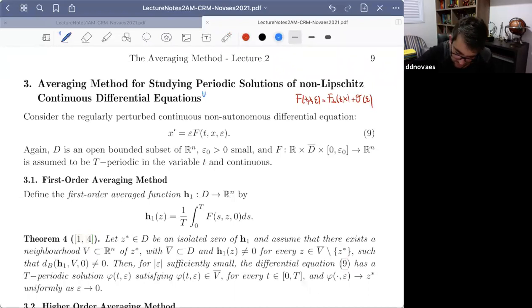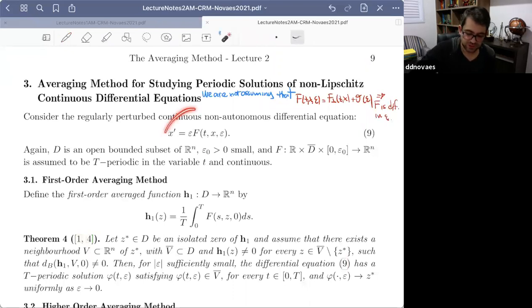We are not assuming that f of t, x, epsilon is equal to f1 of t, x plus higher order terms in epsilon, because this implies that f is differentiable in epsilon. For this first theorem, I'm not going to assume that.